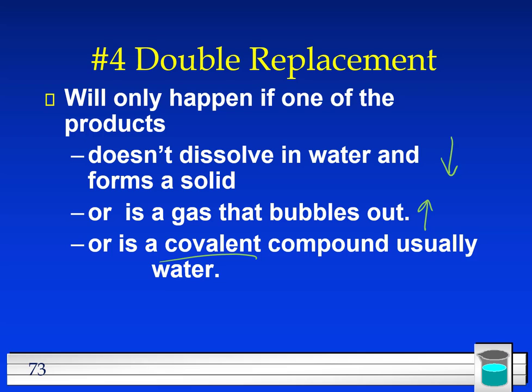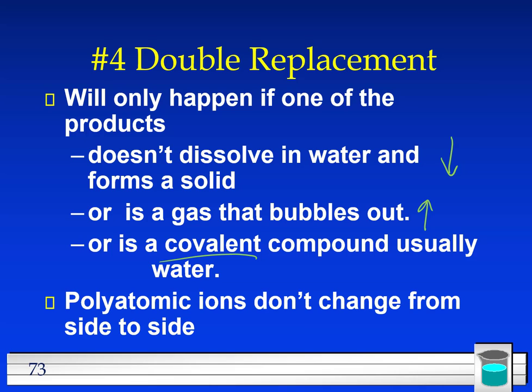So the way you make water is you put together something that starts with hydrogen and something that ends with hydroxide. So when they swap, you end up with hydrogen hydroxide, which is water. And polyatomic ions don't change from one side to the other. So the polyatomic ion stays together. You might need multiples of it.